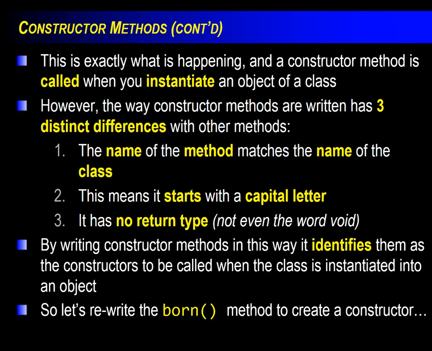Methods usually start with a lowercase letter, but constructors are different. And 3, and this is the most important point, it has no return type, not even the word void. So you literally leave that spot blank.